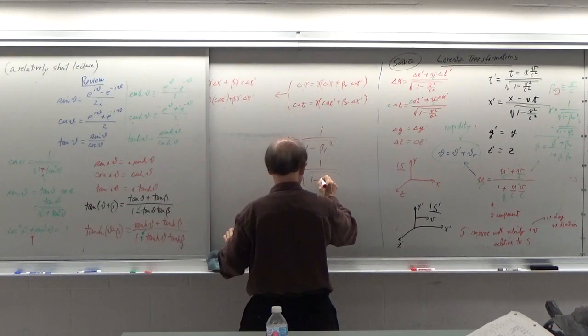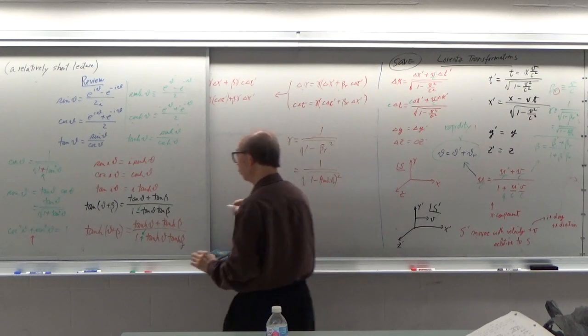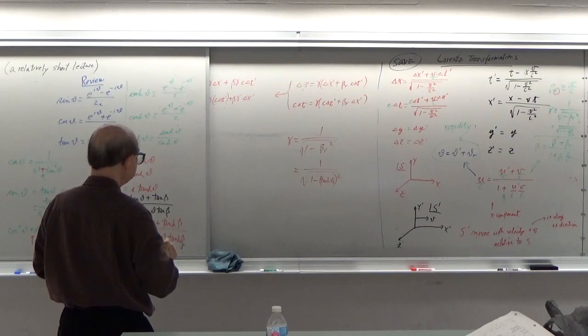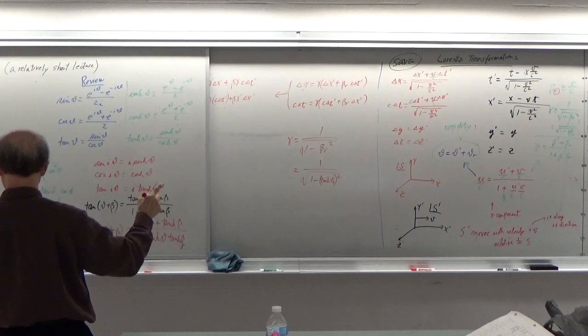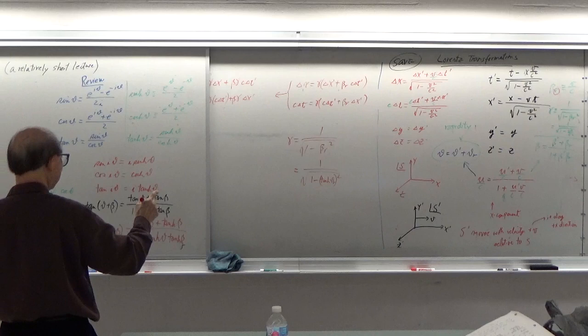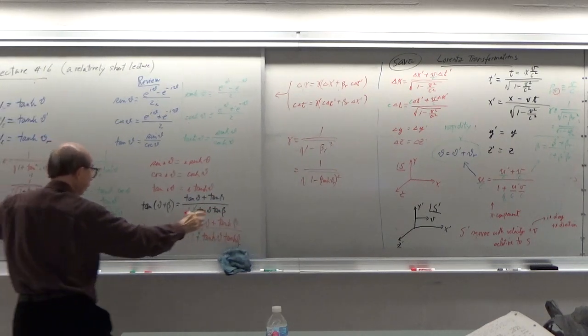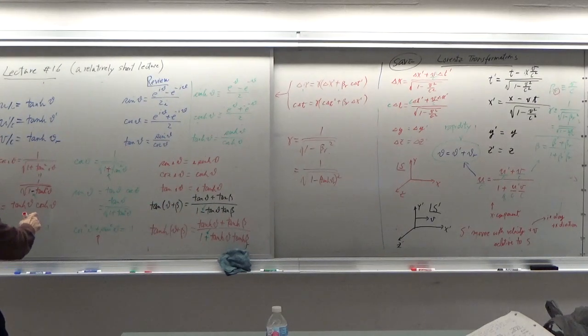So minus the square of tangent theta r. But that is equal to, oh, that is nothing but cosine of theta r.